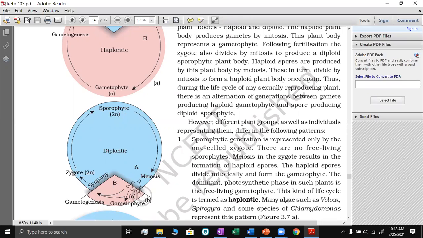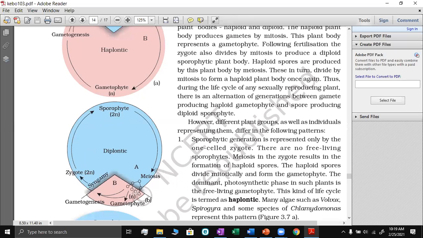This haploid phase doesn't have an independent life, not free living. After that, the gametes fertilize to form the zygote. The zygote is diploid, and it doesn't undergo meiosis, but by mitosis develops into the plant body.